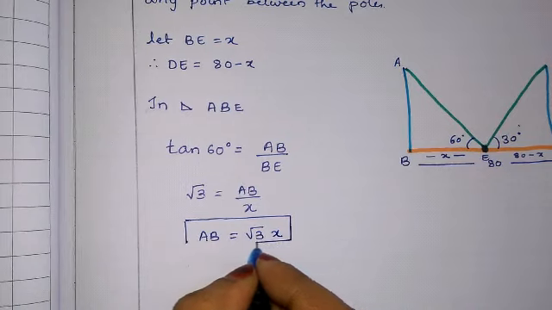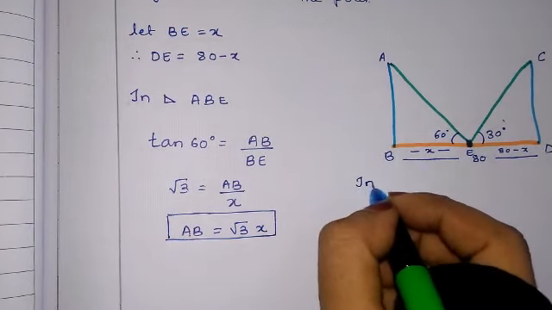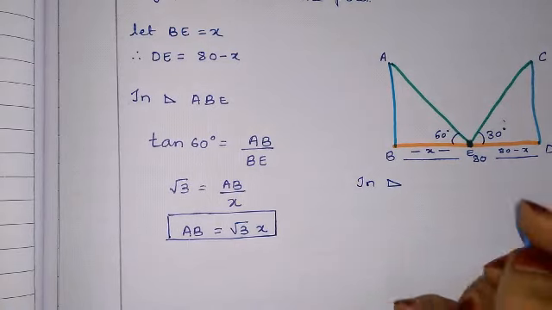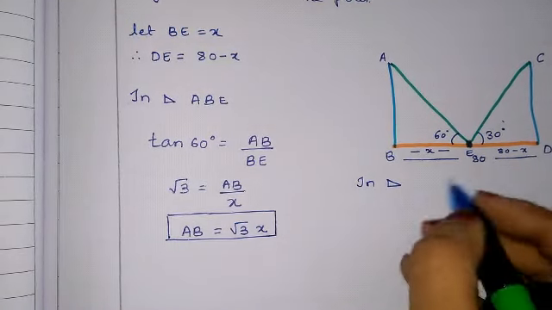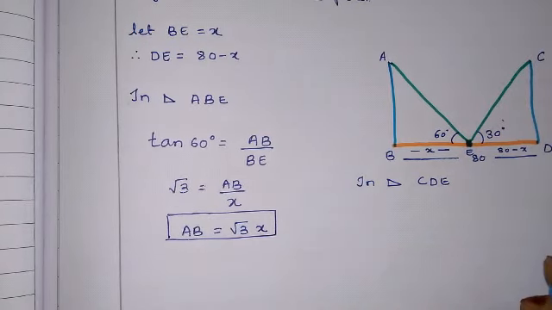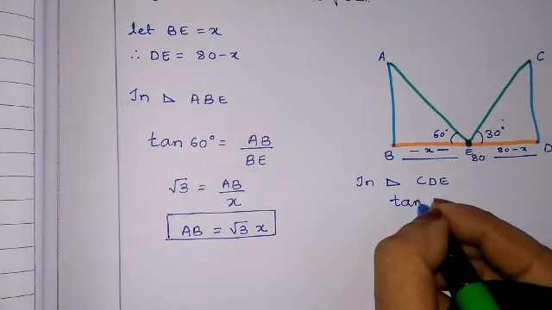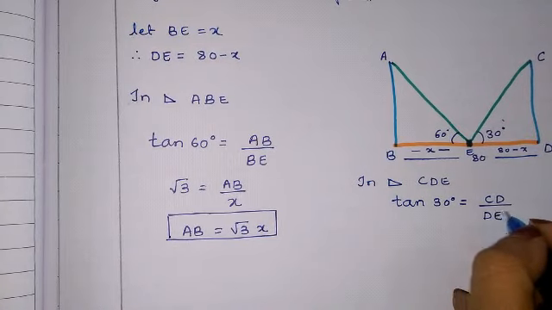Now let us take one more triangle. In triangle CDE, two right angle triangles we can see, right? In CDE, tan 30 degree is equal to CD by DE.